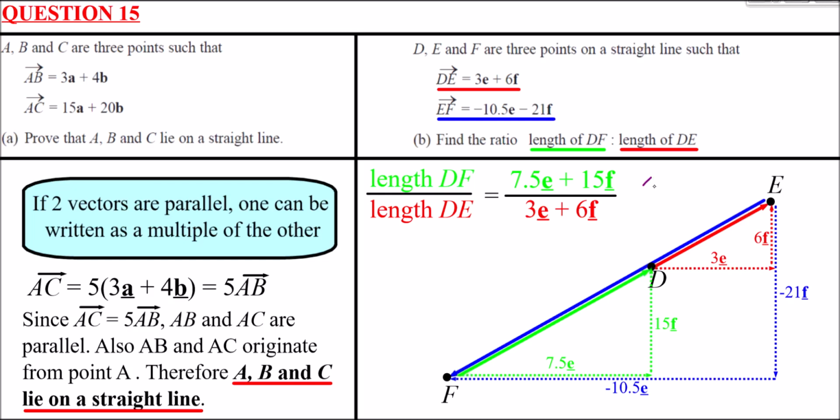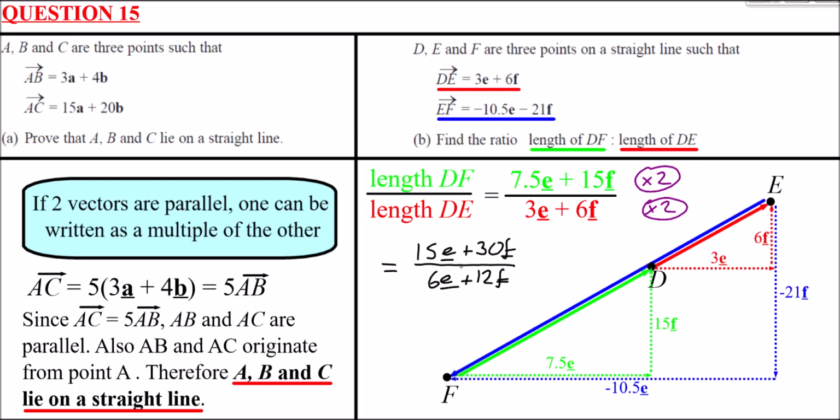I'm going to suggest we just double the top to get rid of that 0.5. If we do that, we need to double the denominator. And so that's going to give us 15e on top. Double 15f is 30f. And on the bottom, just keep that doubled. 3e times 2 is 6e. And 6f times 2 is 12f.